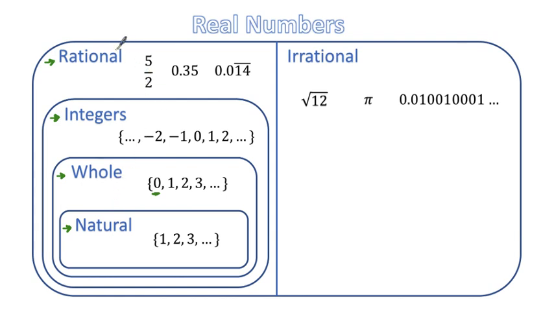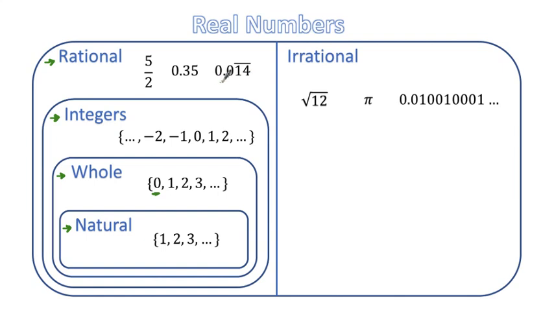So rational numbers include natural numbers, whole numbers, integers, fractions, and decimals. Within our fractions, we have regular fractions, improper fractions, and mixed numbers. Within our decimals, we have terminating, which are decimals that come to an end, and repeating decimals, which are decimals that have a continuous pattern.